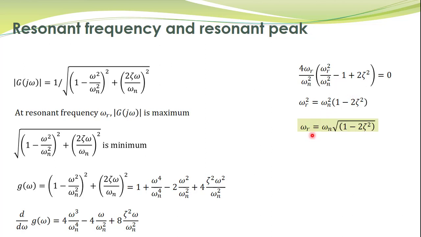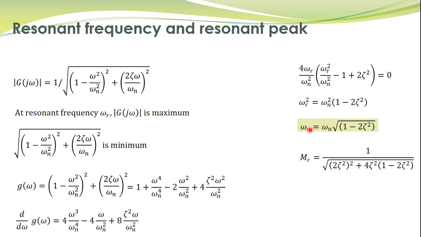Therefore, the resonant frequency, the frequency corresponding to the peak in the frequency response of the system, is given by this expression. And now how do we determine that peak?